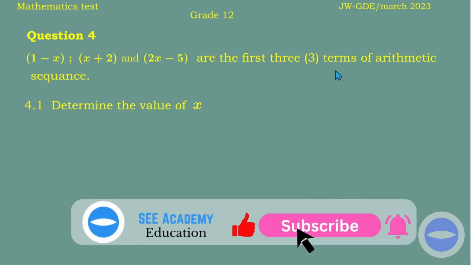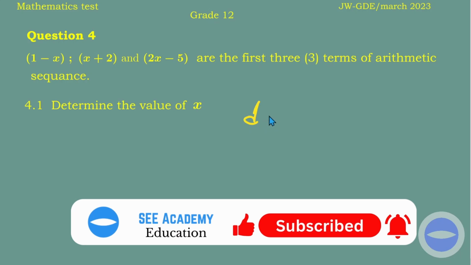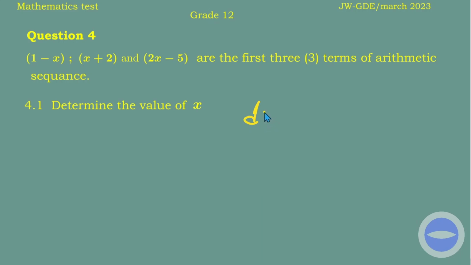We know that in an arithmetic sequence, the difference between two terms is constant. So we know that the difference between two terms is d. Therefore, d equals t2 minus t1, which equals t3 minus t2. So this is the equation of the common difference.